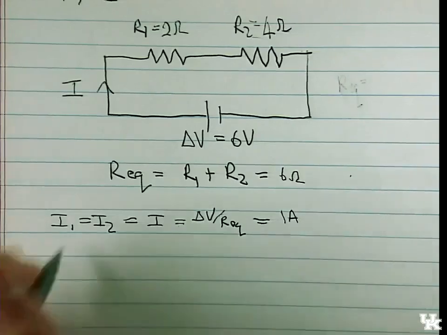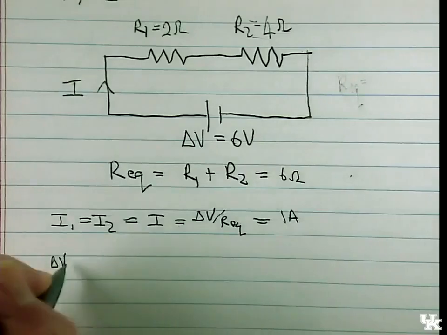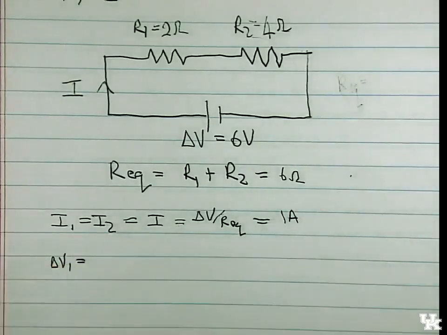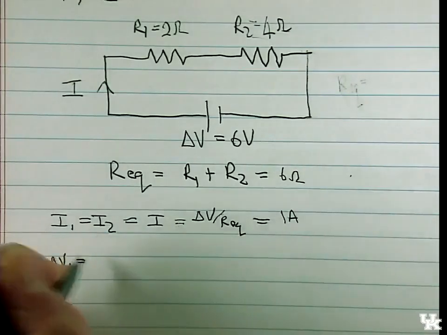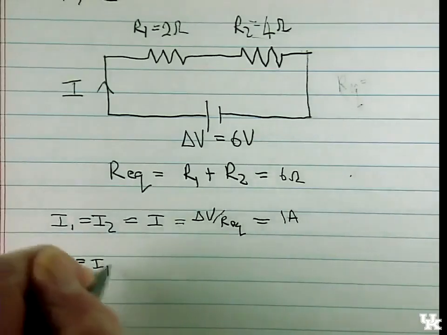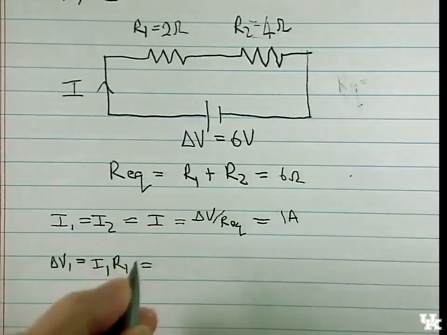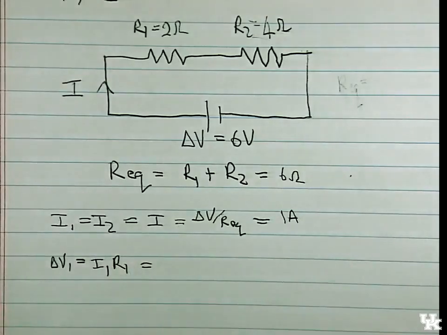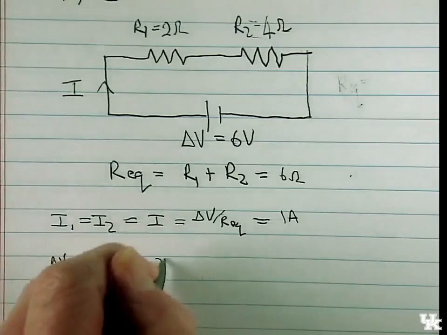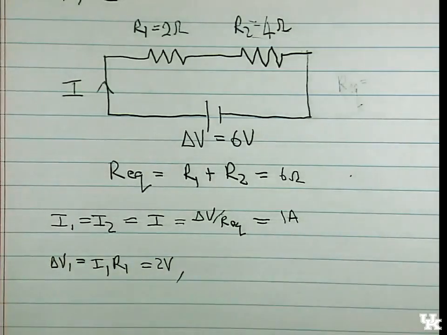So let's find the voltage V1 across resistor R1. By Ohm's law, it's just the current through it times its resistance, so I1 R1. We know both these numbers. 1 amp is the current, 2 ohms is the resistance. This is 2 volts. Well, that was easy.